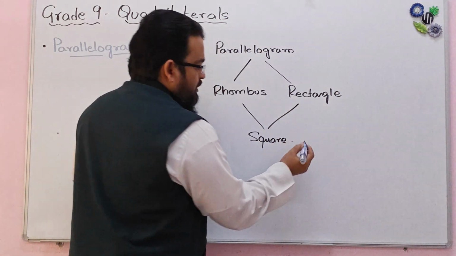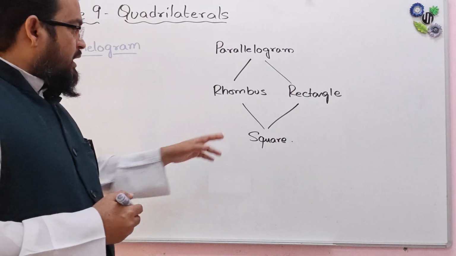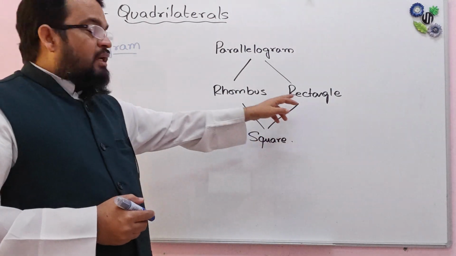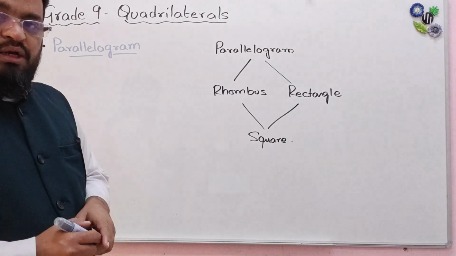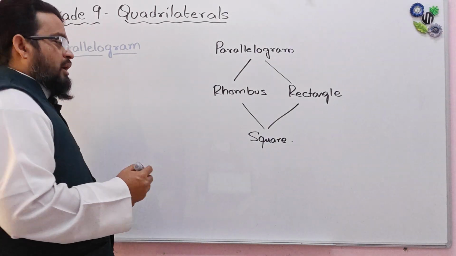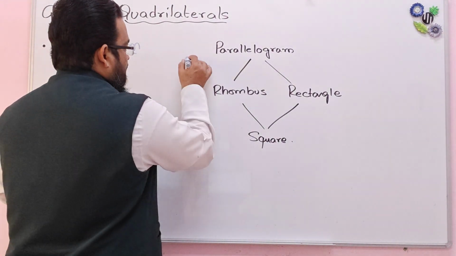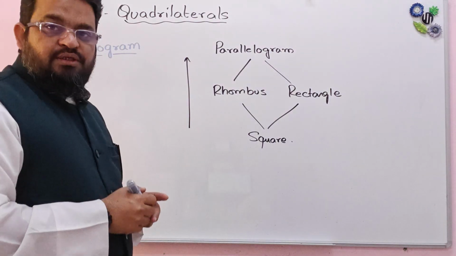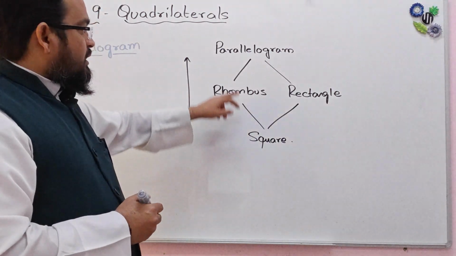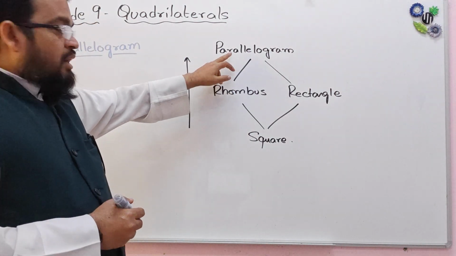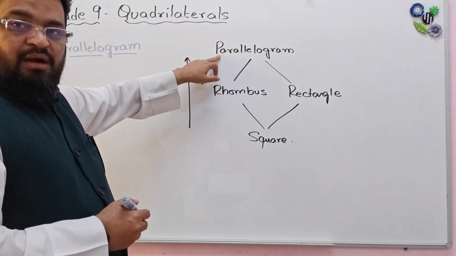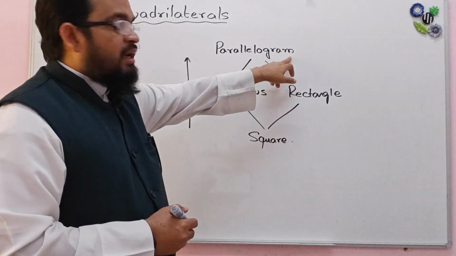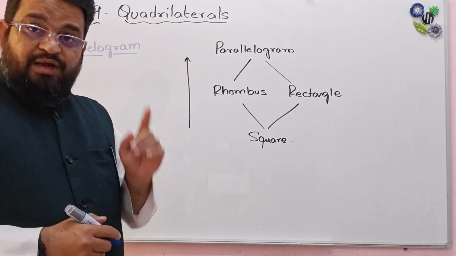So that means square, rectangle and rhombus, these are parallelograms. See it in the hierarchy order, if you go from bottom to top, it satisfies. Square satisfies parallelogram, and that means square is a parallelogram, rhombus is a parallelogram, and rectangle can also be called a parallelogram. Very important concept.